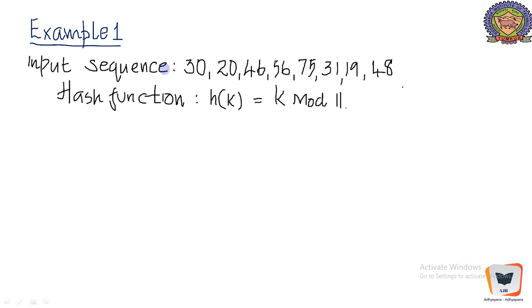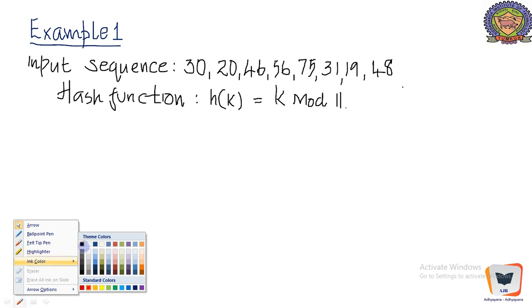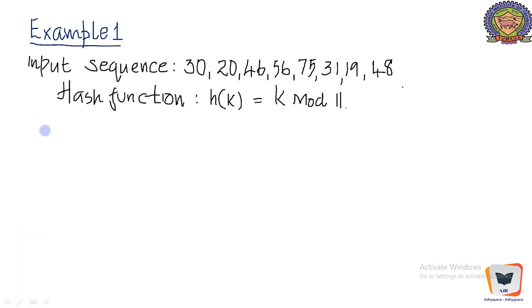Here is an example. The input sequence consists of 30, 20, 46, 56, 75, 31, 19 and 48. The hash function is h(k) = k mod 11, therefore the number of cells is 11, as you have understood. h(30): 11 2s are 22 and the remainder is 8.